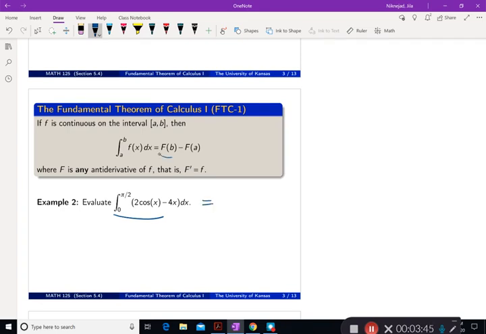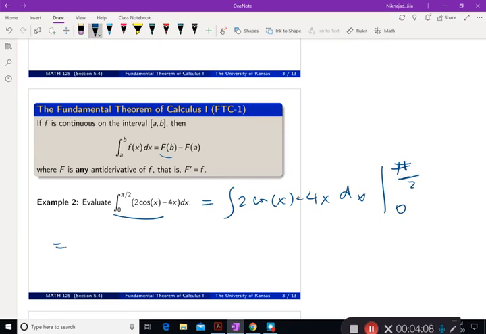So I have to find F first, and in this case, let's write it down first. And then remember, we have to plug in b and a. So put b and a right here. This is the notation that we use to plug in b and a.